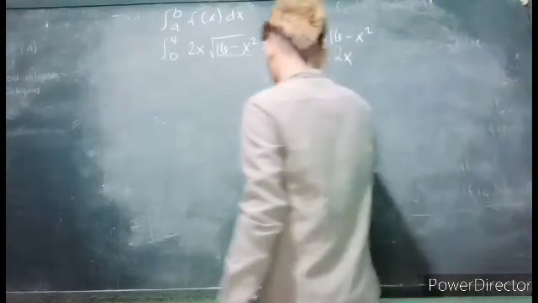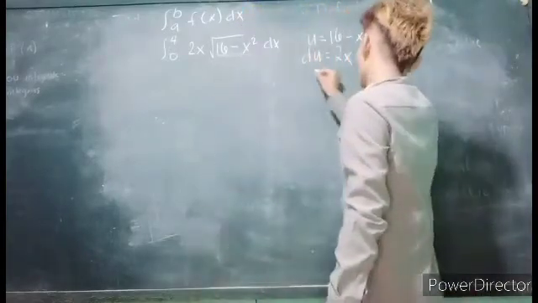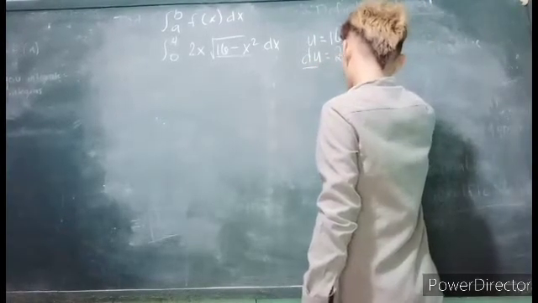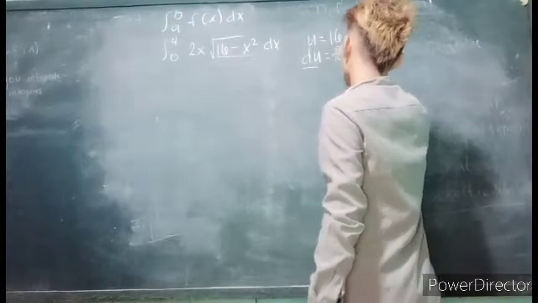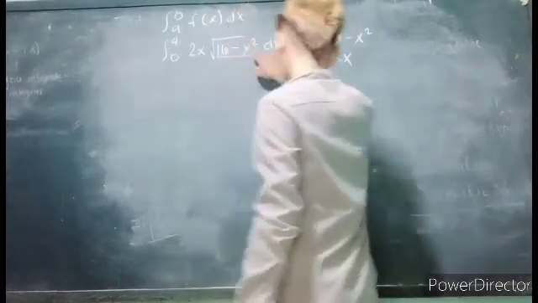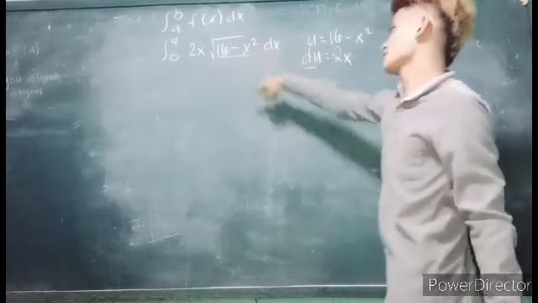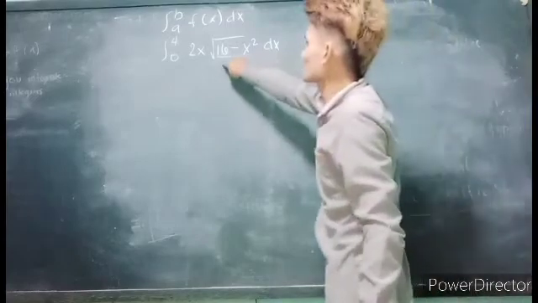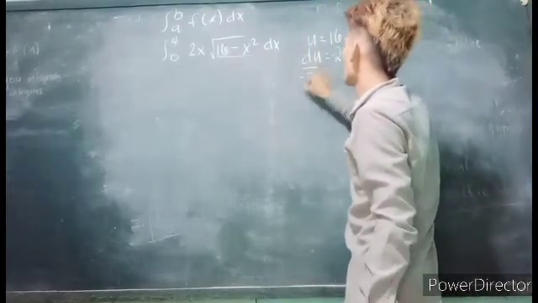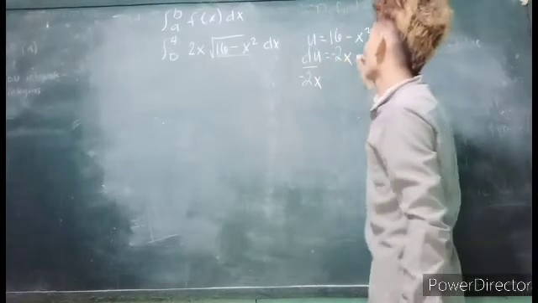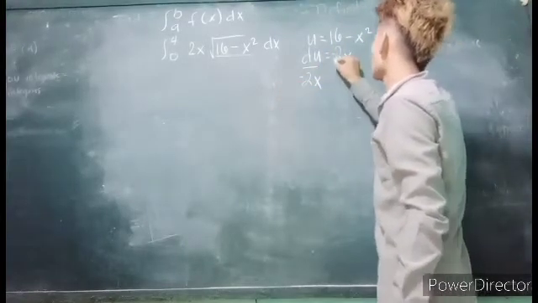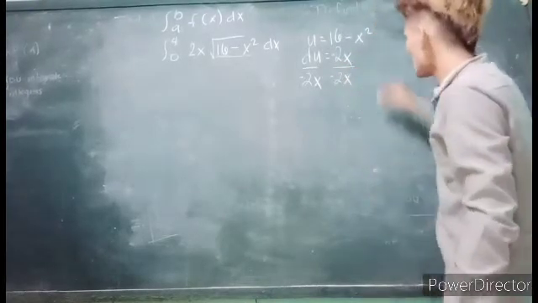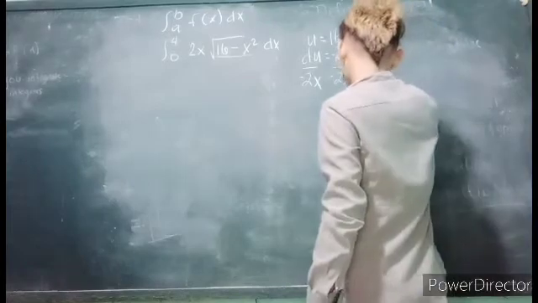Next, we need to divide. The derivative of x squared is negative 2x, then the derivative of 16 is 0. So, negative 2x divided by du equals negative 2x. Cancel.